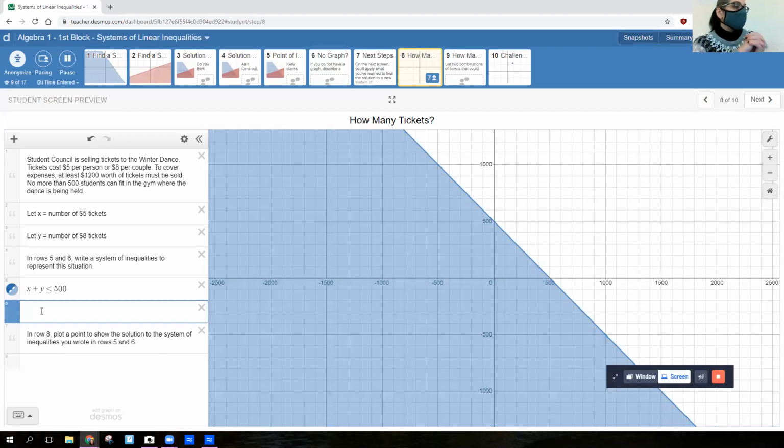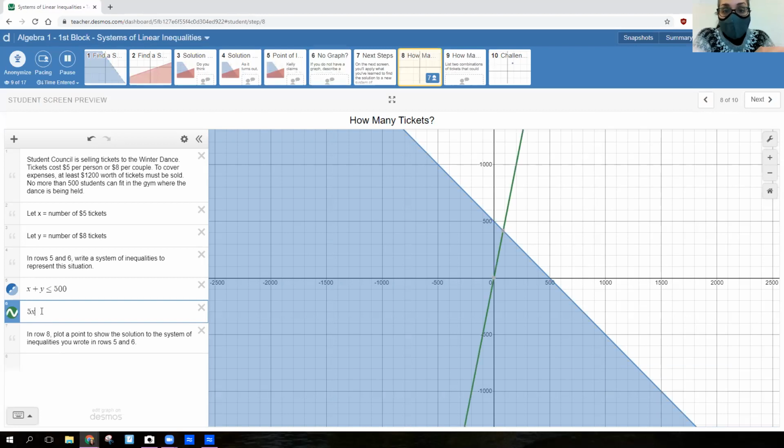All right, so the second line underneath that one, now we got to talk money. Each individual ticket's $5. So that means you're going to say 5x, plus each couple, their tickets cost $8. So that's plus 8y.